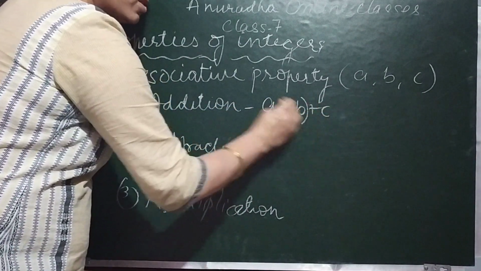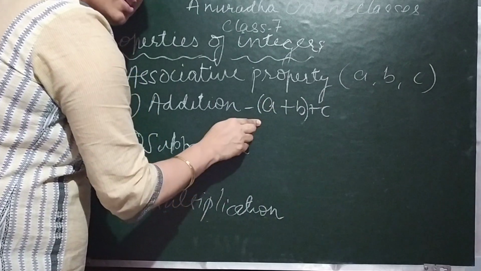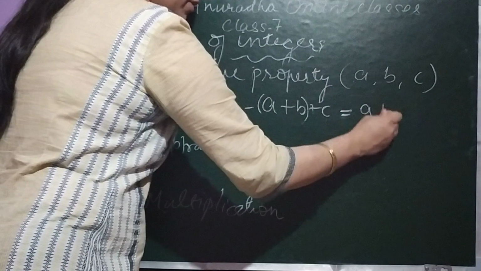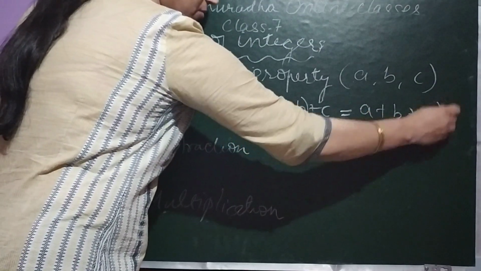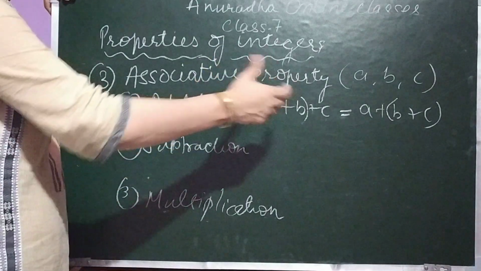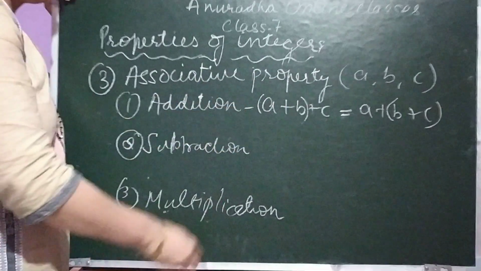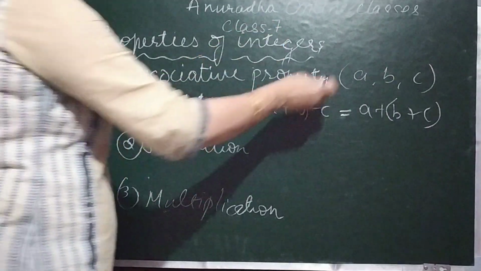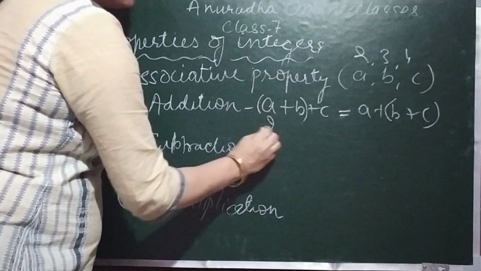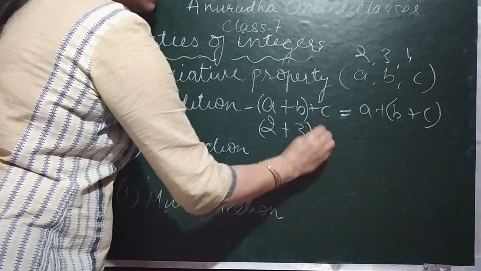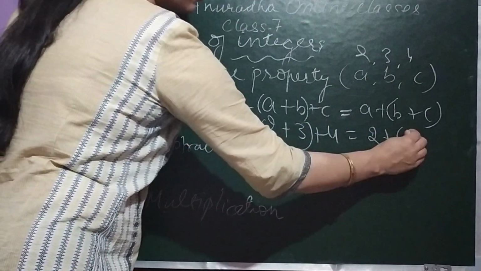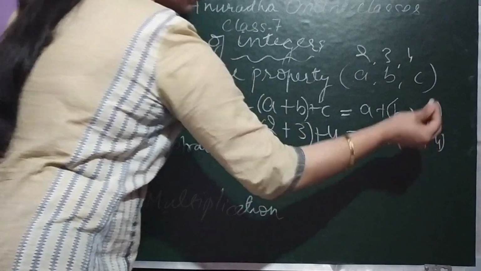Firstly we will make a group, a plus b plus c is equal to a plus b plus c. Now we will take another group. Here we have to change the group. Now see, let us take 2, 3 and 4. So 2 plus 3 plus 4, you will get 2 plus 3 plus 4. What is the answer?